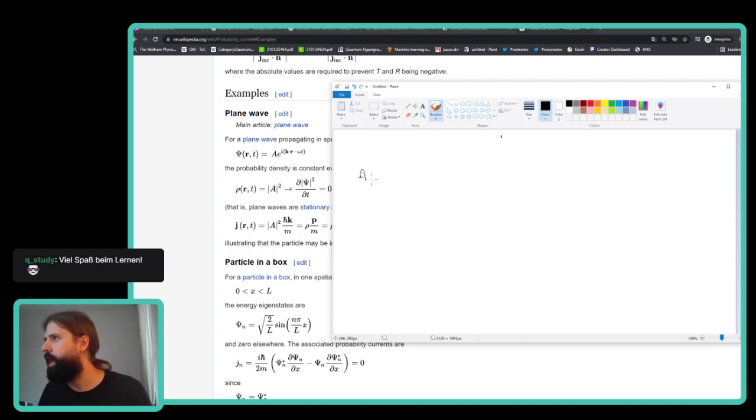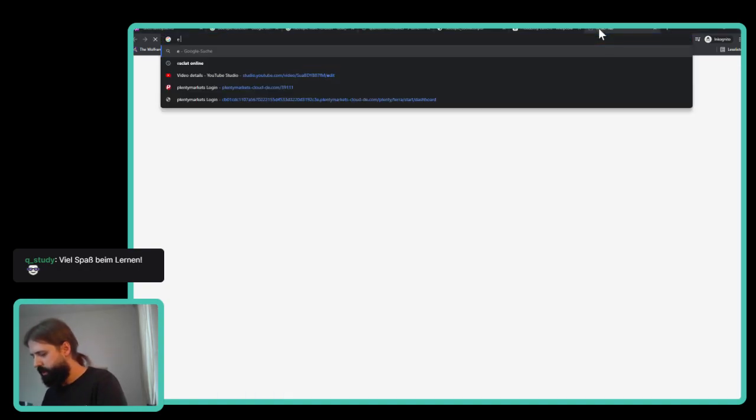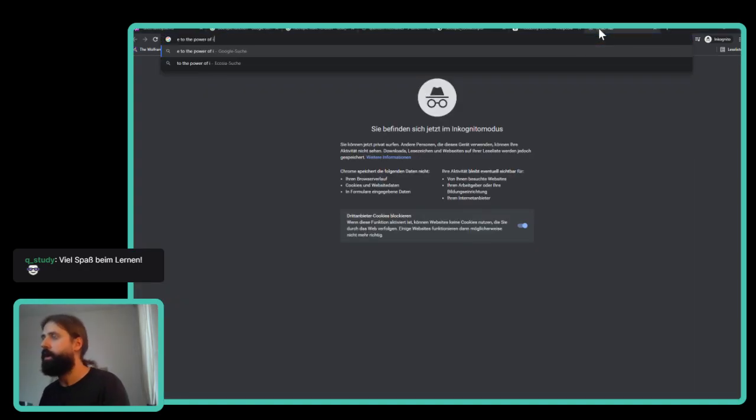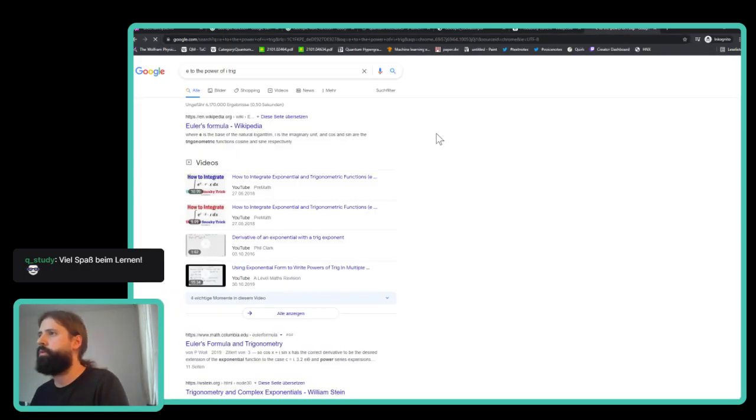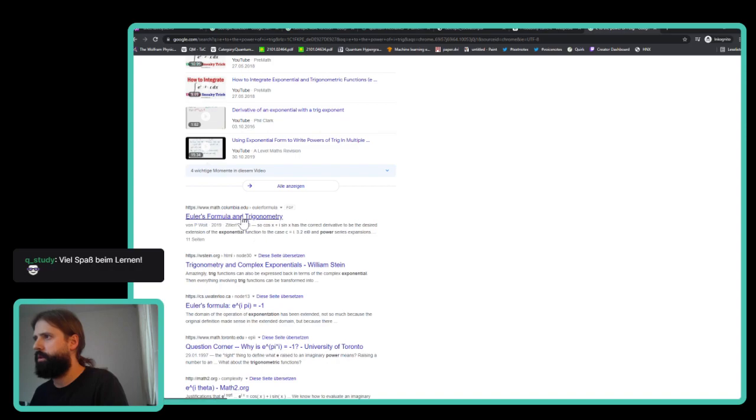So you have the A, and then e to the power of i(kr minus wt). This is super laggy. There's a trigonometric representation of these, which I should just memorize.